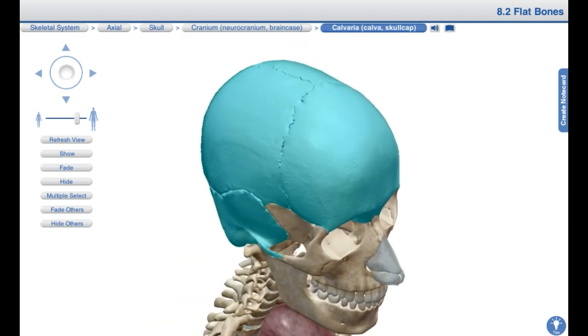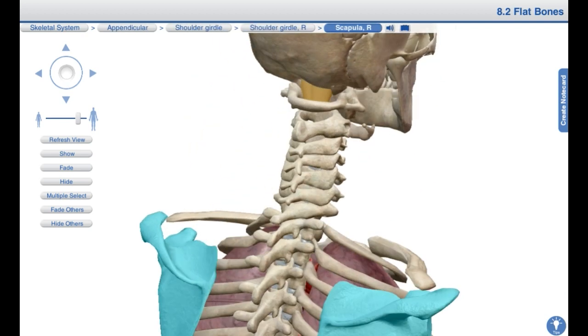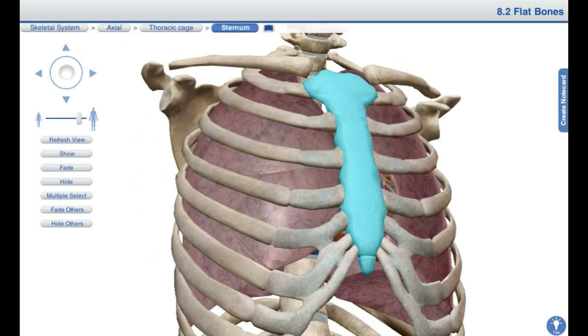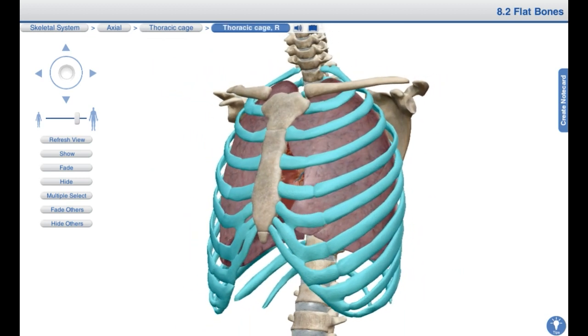The cranial bones, which protect the brain, the scapula, which is appended to the upper limb, the sternum, which is present in the middle of the chest cavity and is articulated with the ribs and costal cartilages. And last ones are ribs, which protect the heart and the lungs.